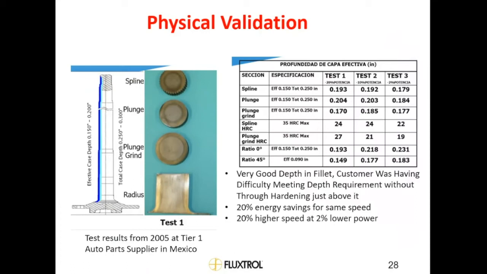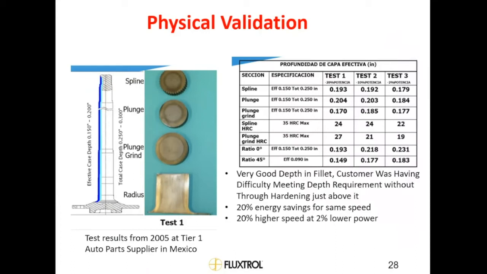And then you also see that at the 45, which was the area they were having difficulty getting 90 thousandths effective case depth in without through hardening the bearing right above it, we were at 150 thou. So not much less than actually the distribution in the shaft. And that was at 20% lower energy.